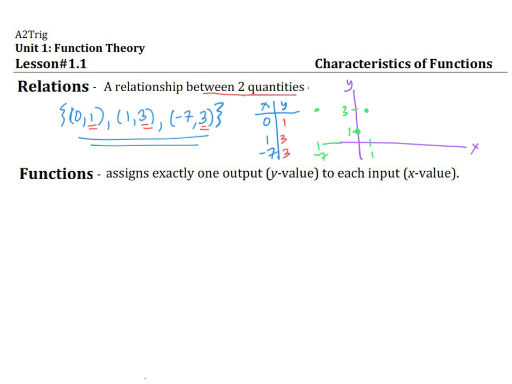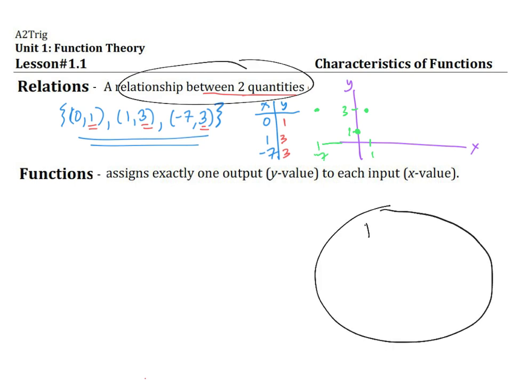Now, what is the difference between a relation and a function? If we're thinking about the big picture, all these relationships between two quantities are relations, so it's more general. And then more specific relations are called functions. So functions are a subset of relations.